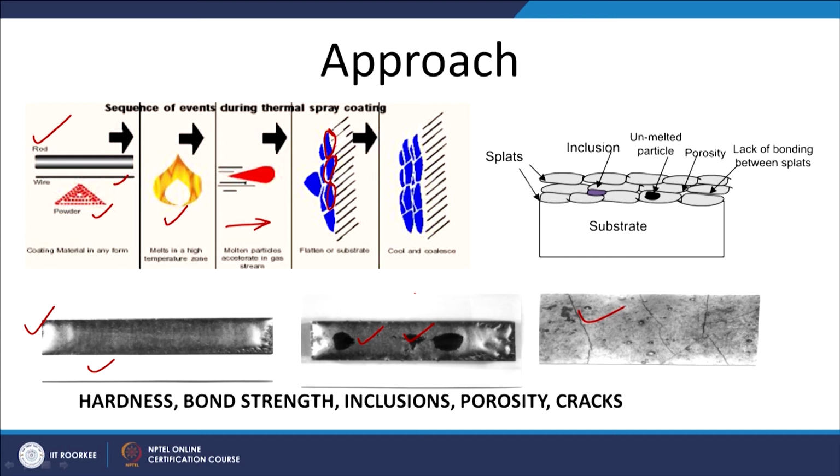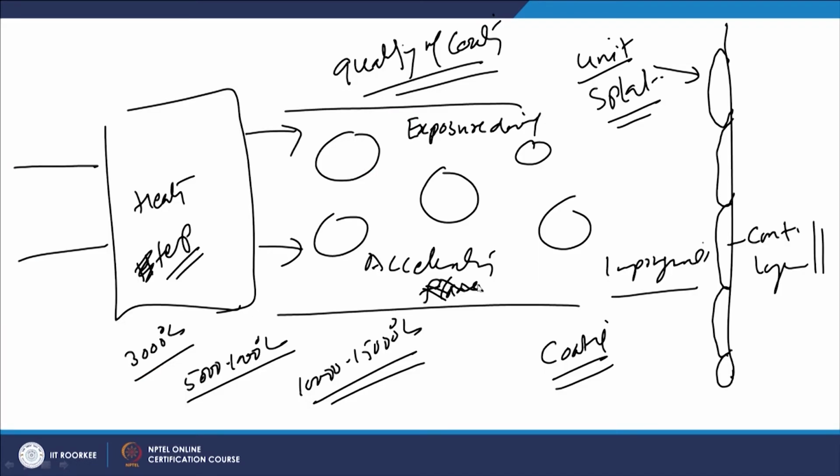So, if we have to understand what kind of discontinuities can be there in the flame spray or thermal spray coatings, there are various things that we can see here, like if this is the surface of the substrate.